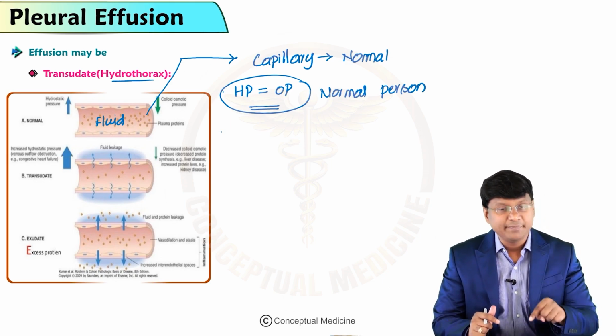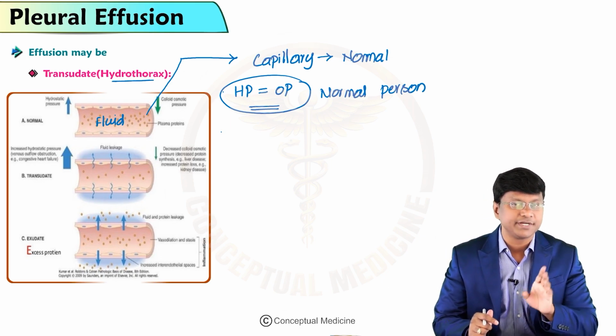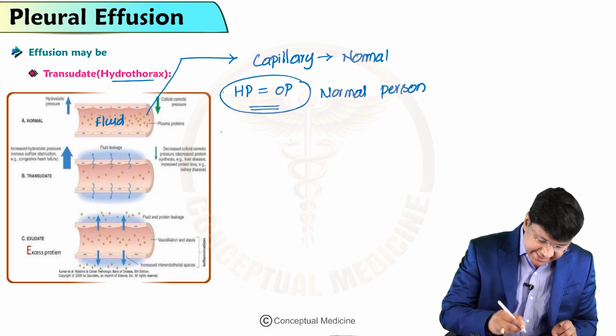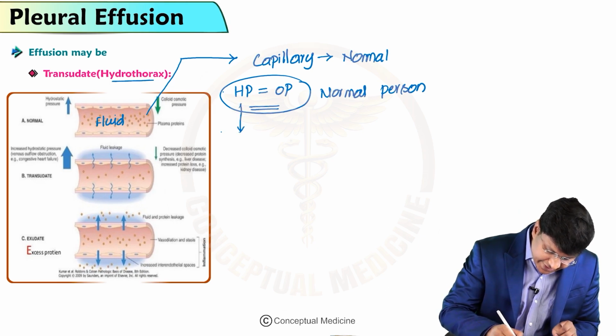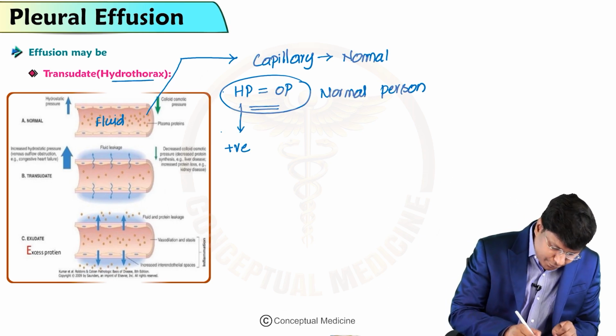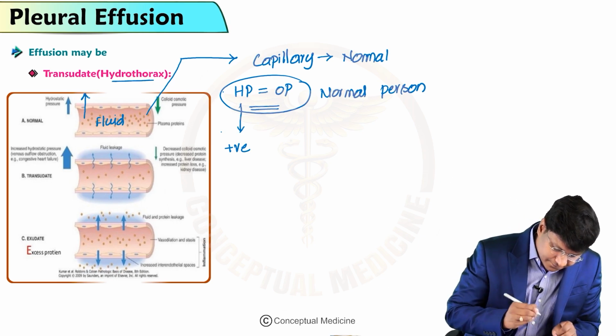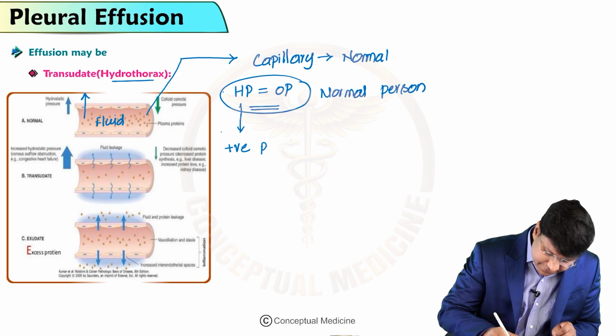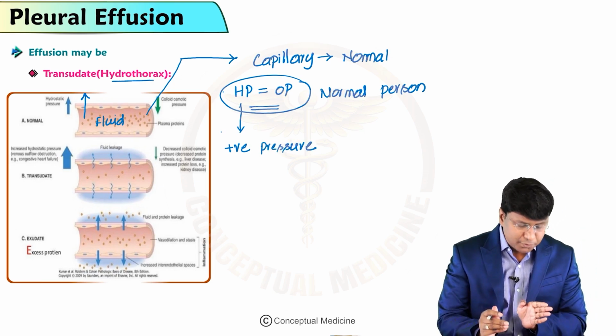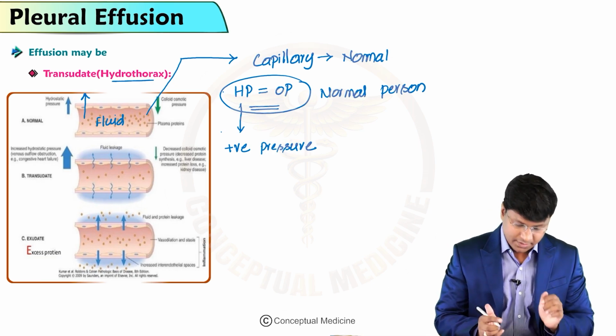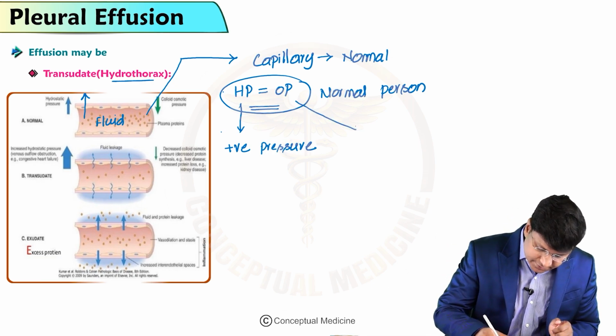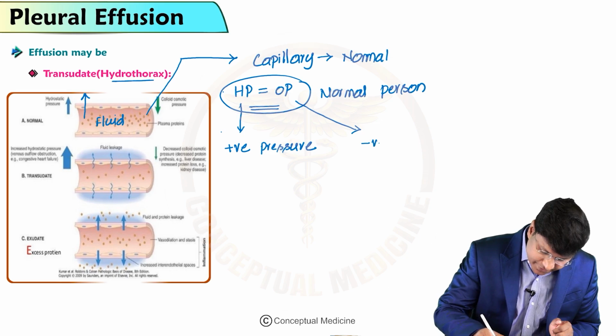Now, let me also explain what is hydrostatic pressure and what is oncotic pressure. Hydrostatic pressure is a positive pressure. What do you mean by that? It will push the fluid out. Whereas oncotic pressure is a negative pressure.